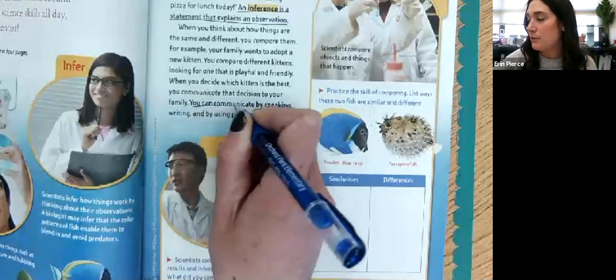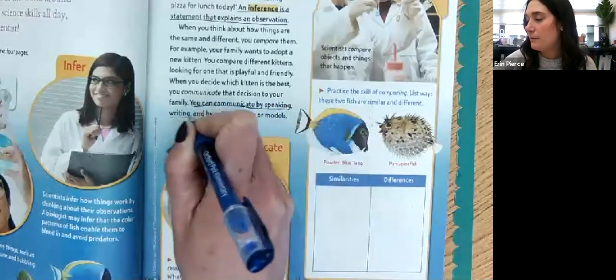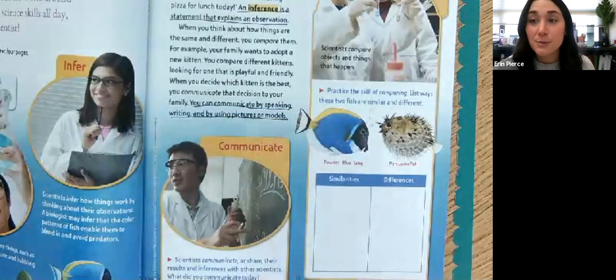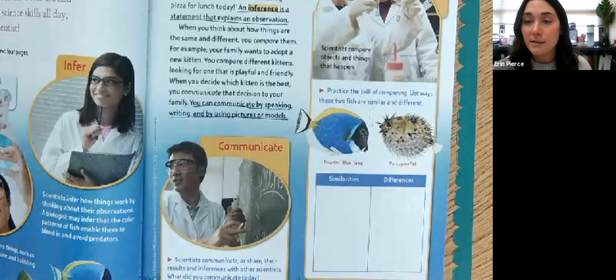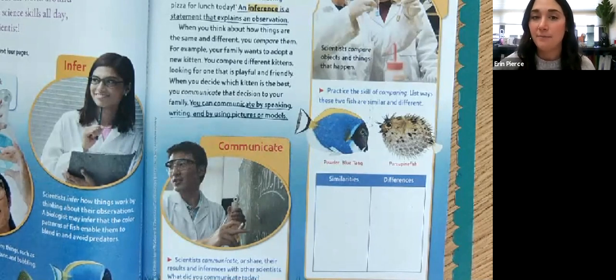So I'm going to underline all of that. Sometimes you might talk with one another to share your responses. You might also write or draw or show models of what you're responding to, sometimes in science, sometimes in other things during our day.